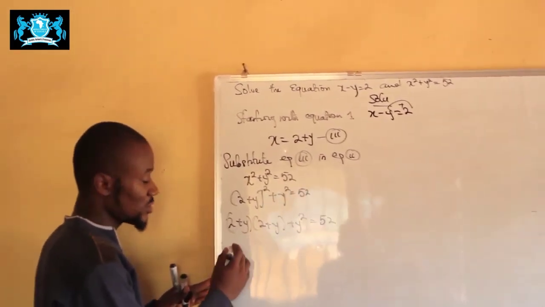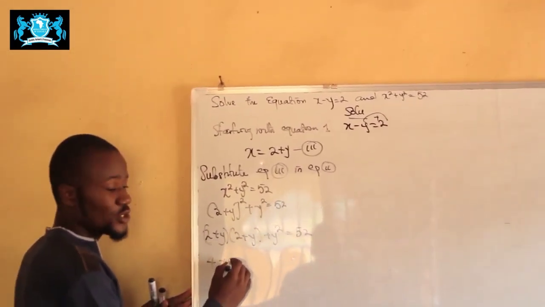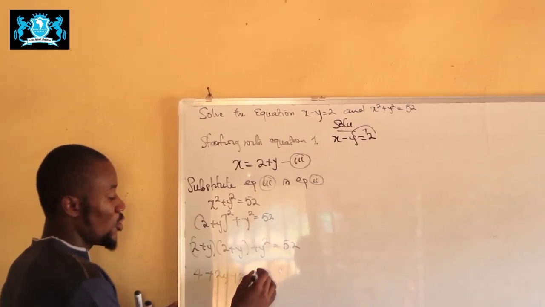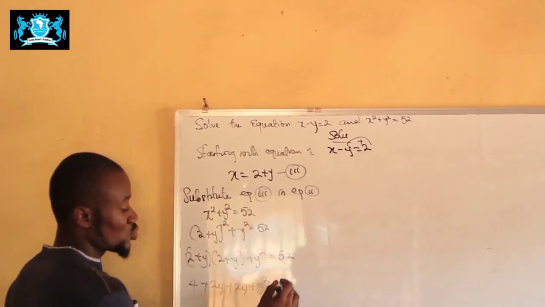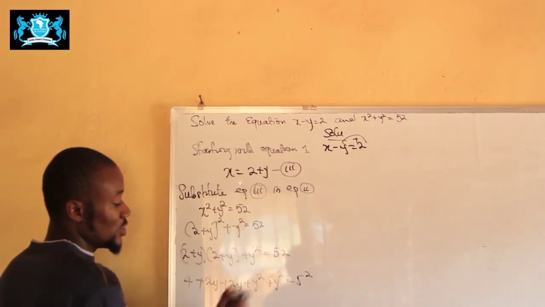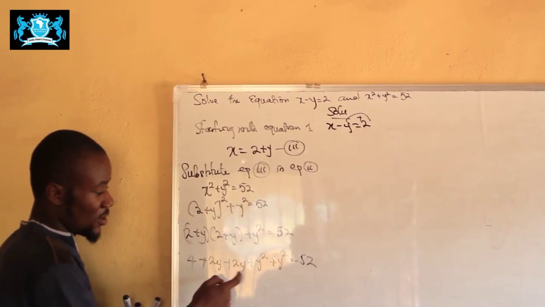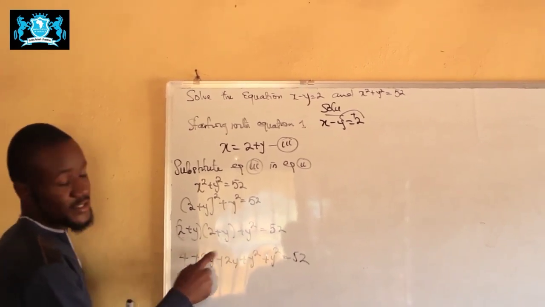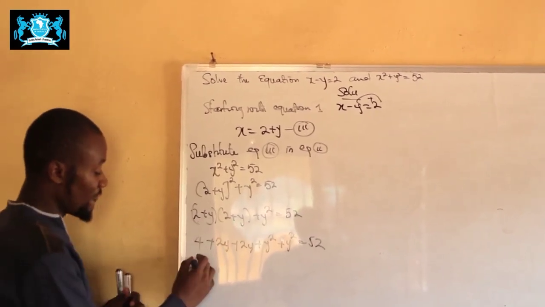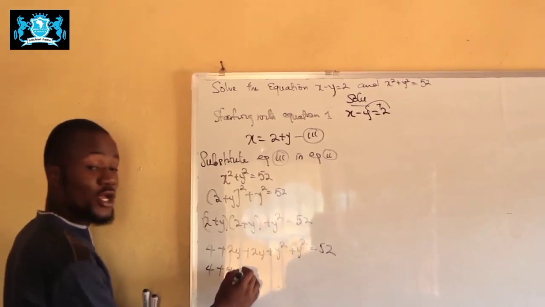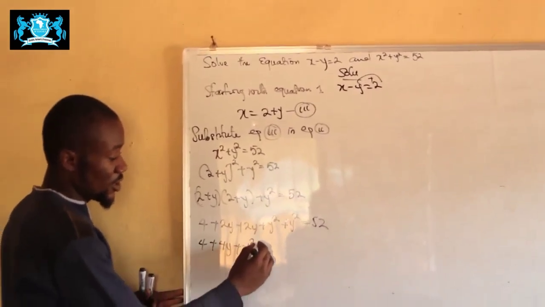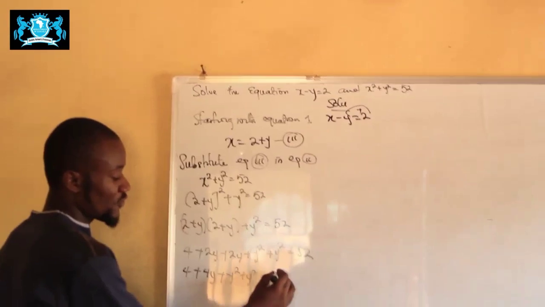You have 2 times 2 is 4, plus 2 times y is 2y, plus 2y, plus y squared, plus y squared is equals to 52. This y squared is this one, and the one we have is y times y. So we now have 4 plus 4y plus y squared plus y squared is equals to 52.